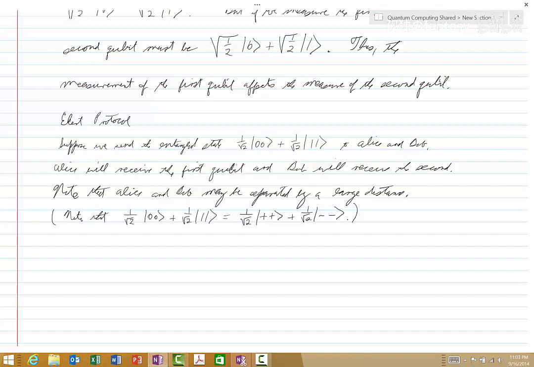Now, having written these states in this way, we can see immediately that, remember, Alice has the first qubit, and Bob, who might be very far away, receives the second one. And Alice and Bob will randomly decide whether to measure their qubits with the standard basis or with the Hadamard basis.